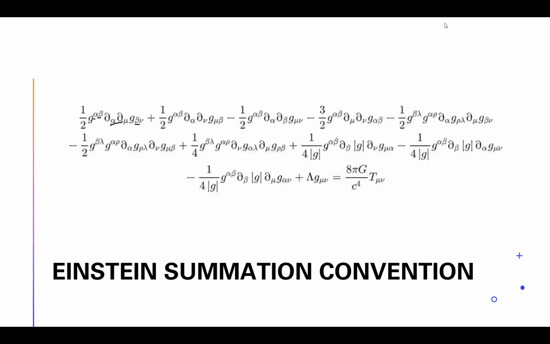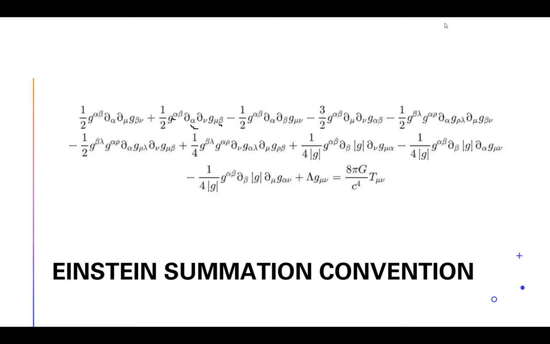And then when we move on to the next term, alpha will equal 0, beta will equal 1, alpha will equal 0, beta will equal 1. And that'll continue on throughout every single term.